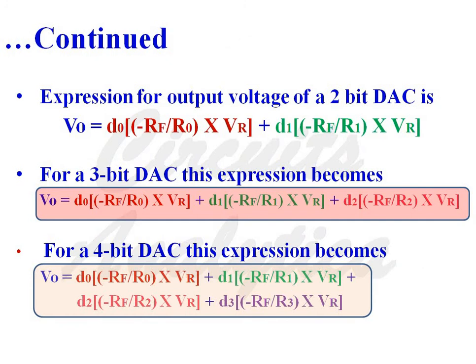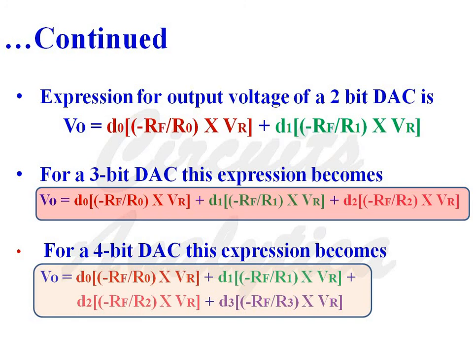So for a 3-bit binary weighted resistor network digital to analog converter, this expression becomes V0 is equal to D0 into minus RF by R0 into VR plus D1 into minus RF by R1 into VR plus D2 into minus RF by R2 into VR.